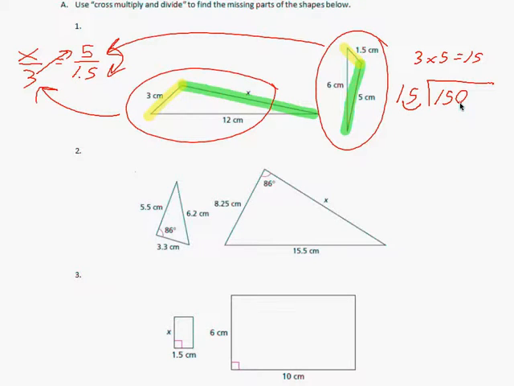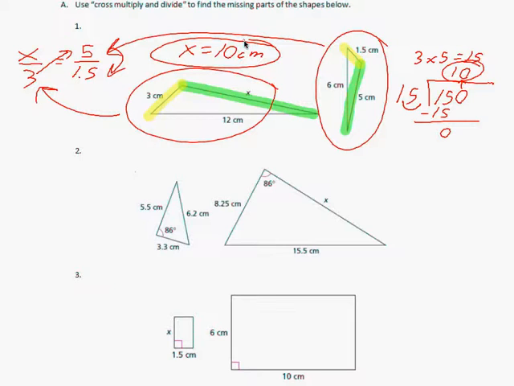So now I'm going to do 150 divided by 15. Well, 15 goes into 15 once. No remainder. Put the 0 up. My answer is 10. So now I need to go back and somewhere in my problem say x equals 10 centimeters. Don't forget the unit it came with. And now you have your answer. Now you have the missing part of that shape.